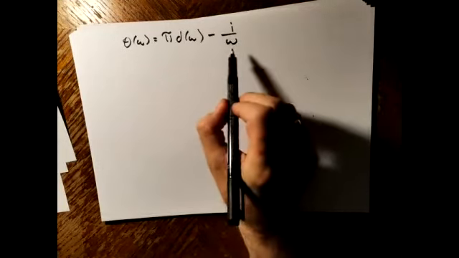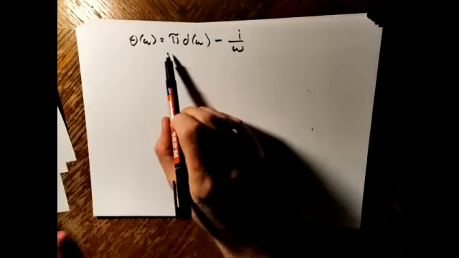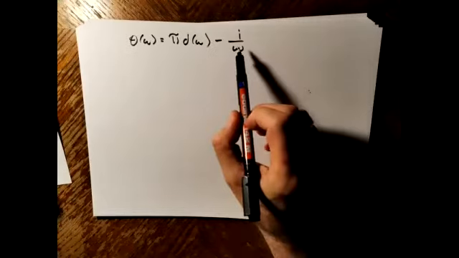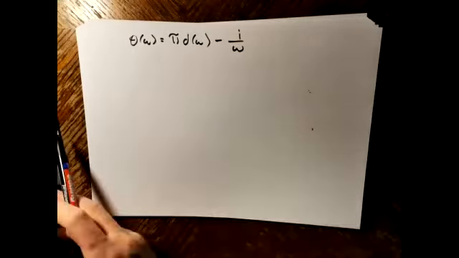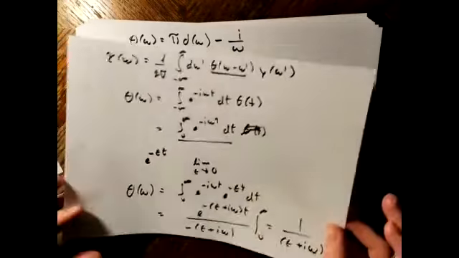Sorry, θ(ω) is πδ(ω) minus i/ω. I have to be careful with how I apply this. Okay, so I now go back to my susceptibility.